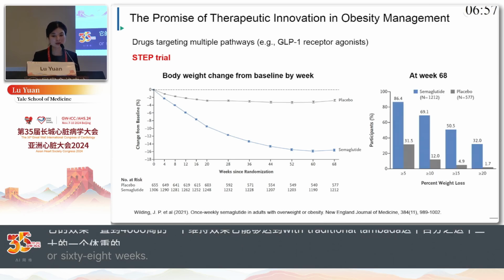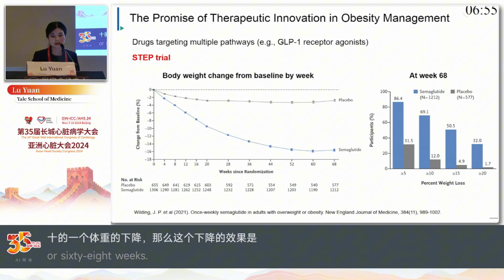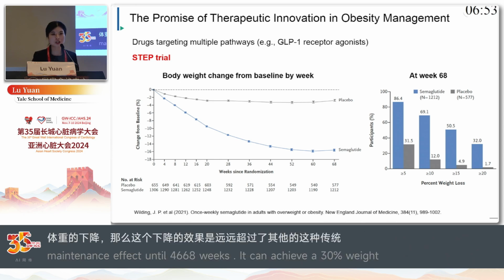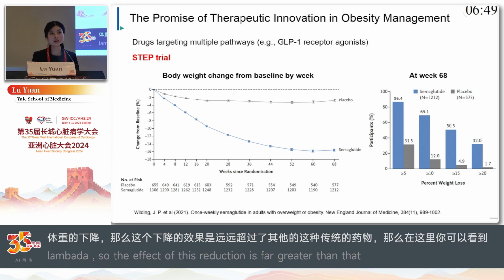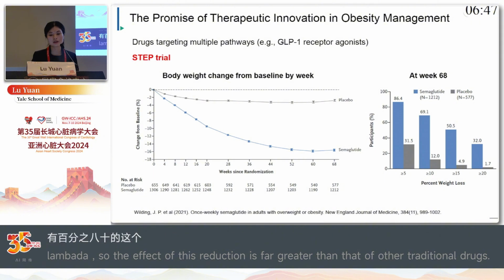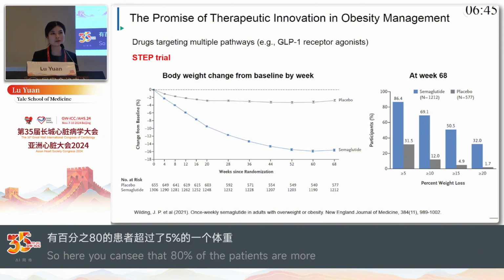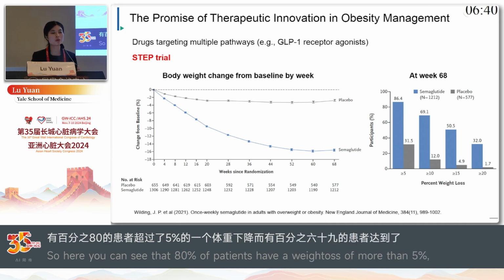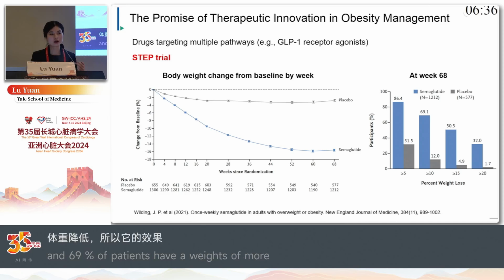At 68 weeks, about 86% of people achieve more than 5% weight reduction, and 69%, almost 70% of the people in the trial, achieve more than 10% reduction. It's really impressive, way more than what we have seen for lifestyle intervention and all those traditional pharmacological interventions.